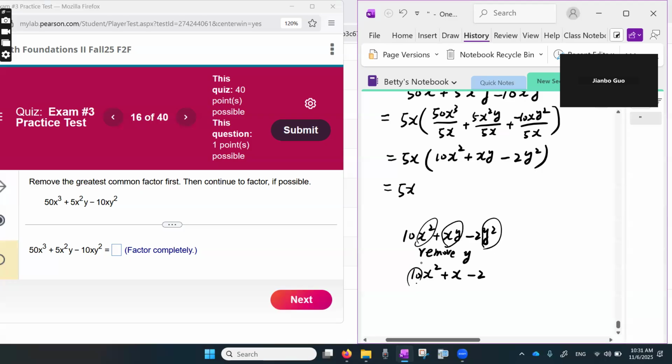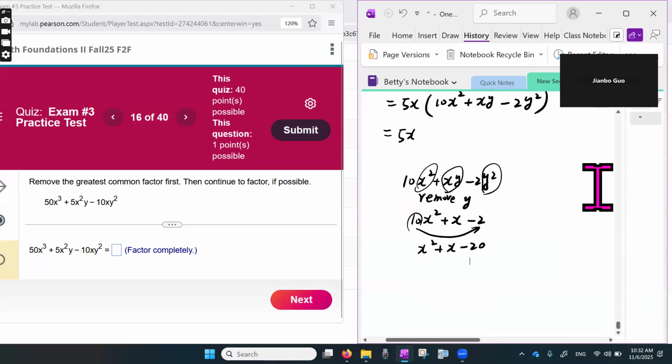Okay, then we do slide by slide. X squared plus x minus 20. Factor x plus 5, x minus 4, right? 5 and negative 4 multiply to negative 20, add up to 1. And then divide the two numbers by 10.